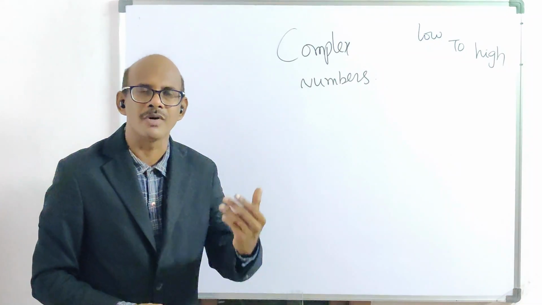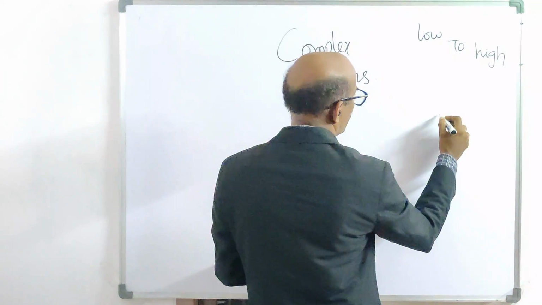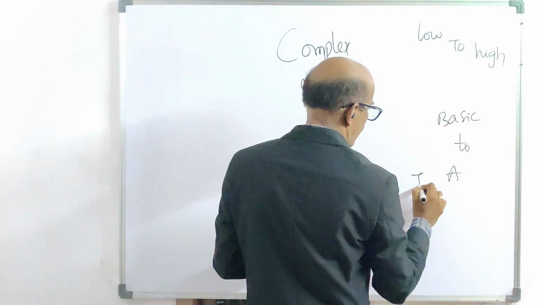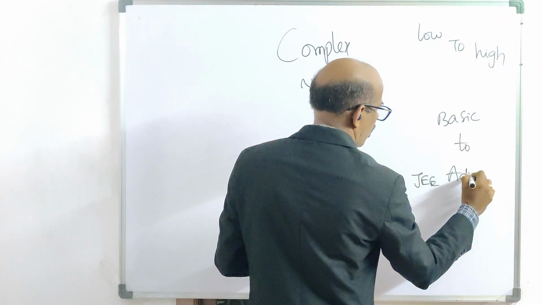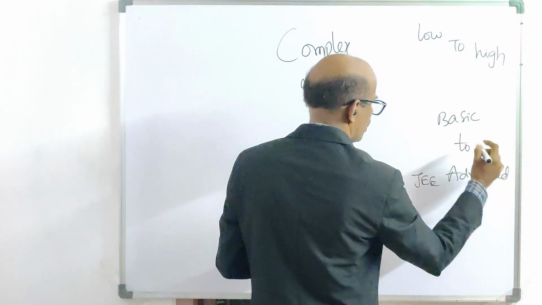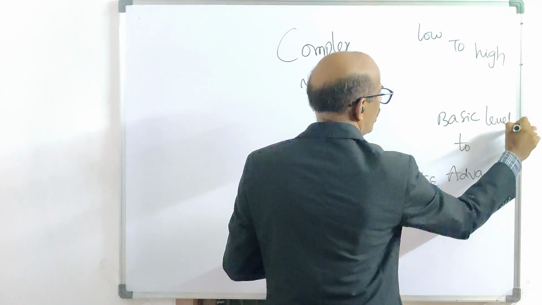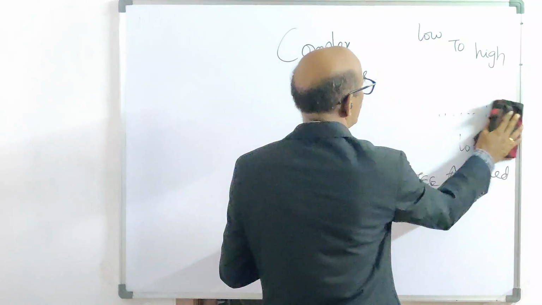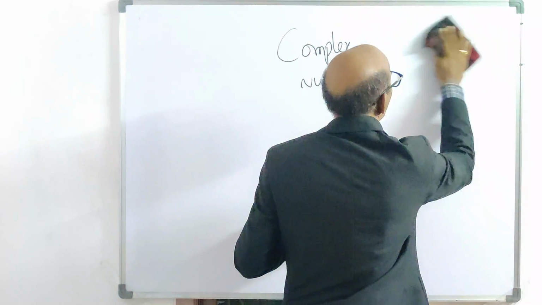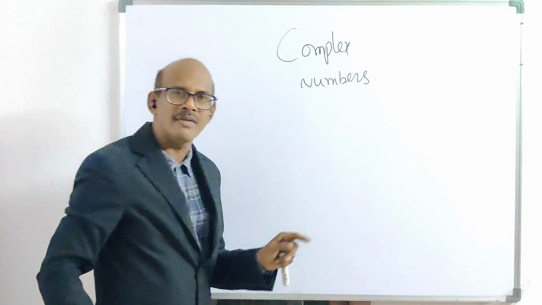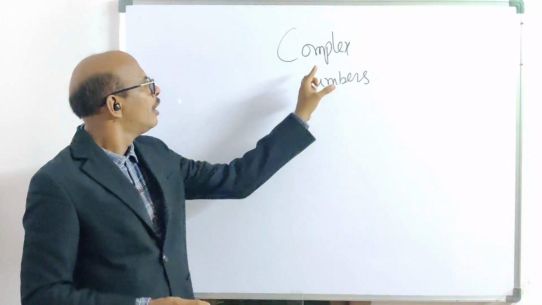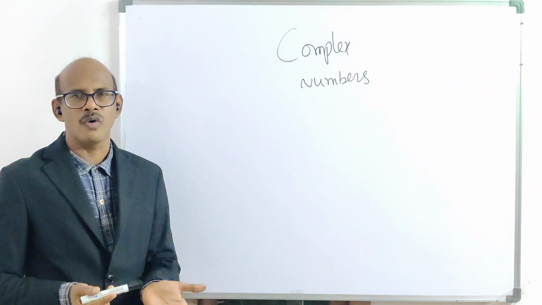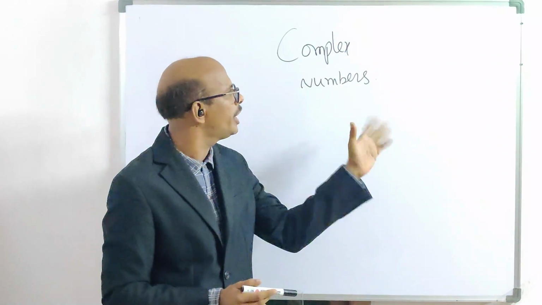High means our supreme advanced examinations, JEE Advanced exam. I am going to teach from basic level to the supreme level. Only your attention and concentration are required. Don't deviate from the video.